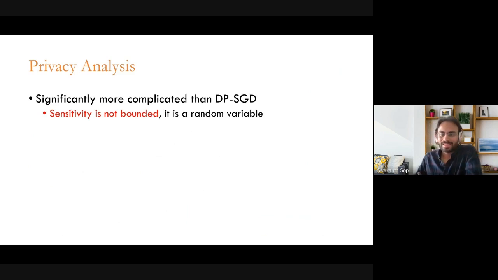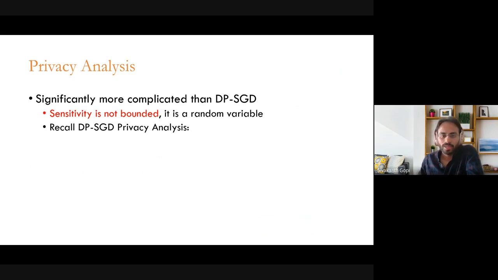The first reason is that the sensitivity of the algorithm in each iteration is not really bounded, because we're not clipping with the exact norms. What that means is the scaled gradients might sometimes have much larger norm than we expect. So the sensitivity is itself a random variable, not a fixed constant, and we can't analyze it like the usual Gaussian mechanism.